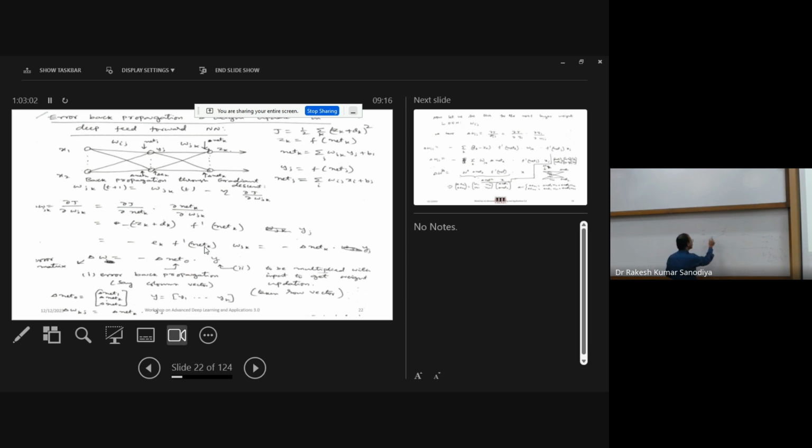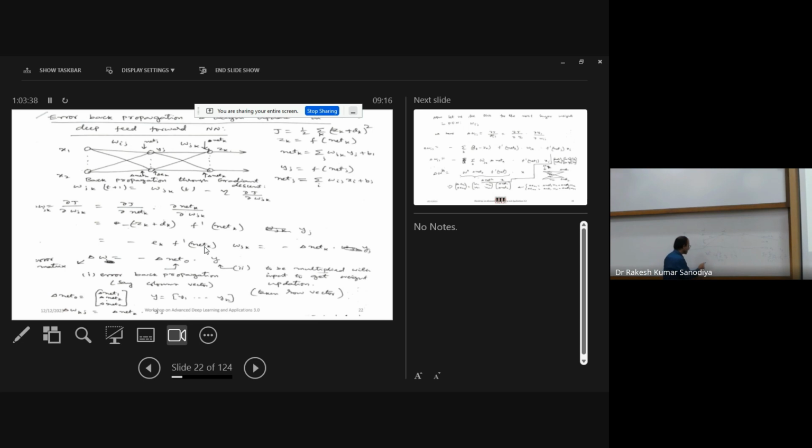So if I call it Wji, the summation over Wji into Yj, with j ranging from 1 to 3 here, plus bias of course, and then f of this will give me the output. In the forward pass, this is what I am doing: this net value comes as a weighted sum of all these inputs and weights. So this is in the forward pass.